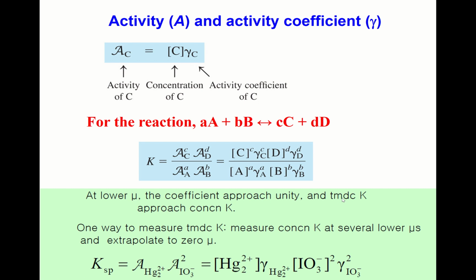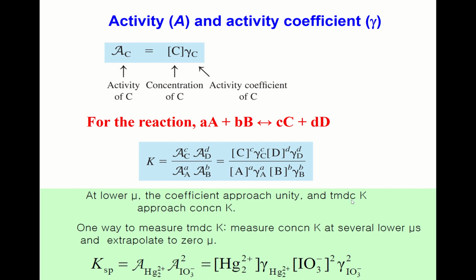So at lower ionic strength, the activity coefficient approaches unity, and the thermodynamic equilibrium constant K approaches the concentration equilibrium constant K.